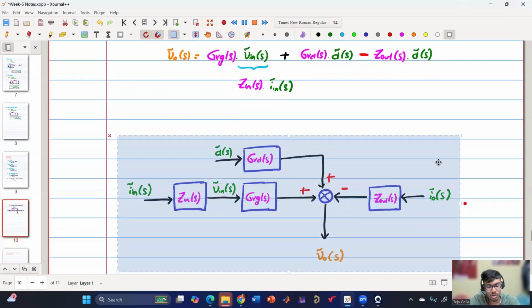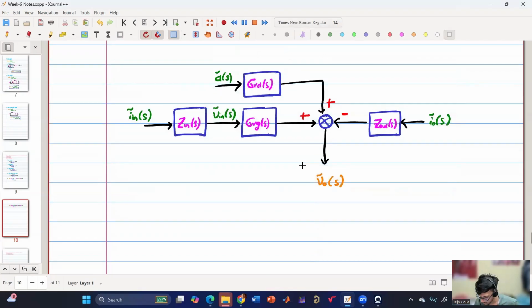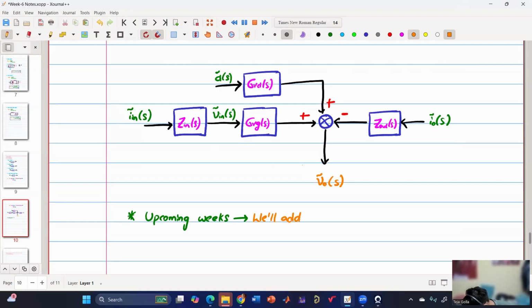So this is the overall block diagram in terms of the transfer functions. In the upcoming weeks, we'll add the controller block, and then that will become the small signal closed loop block diagram.